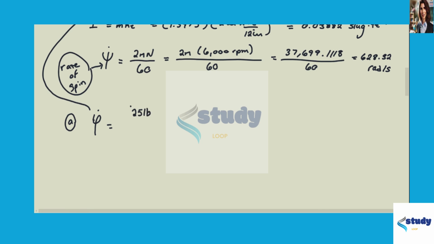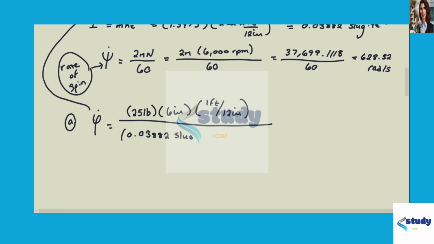So 25 pounds, 6 inches, times 1 foot divided by 12 inches, divided by 0.03882 slug feet squared times 628.32 radians per second.